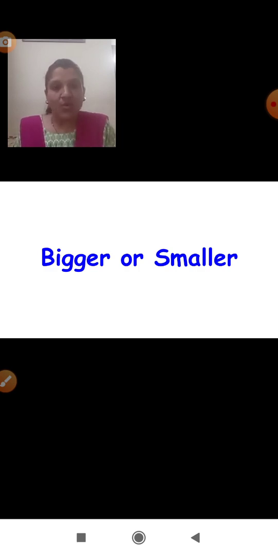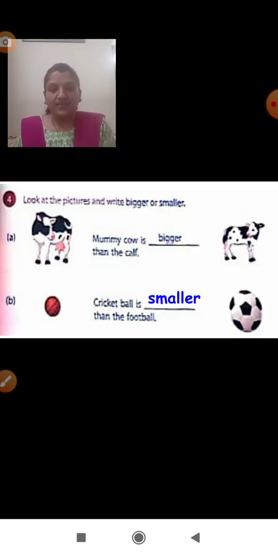Bigger or smaller? Do you remember this? This picture, do you remember? What do you see here? A cow and a calf. Now we can compare the pictures with the sizes, right?